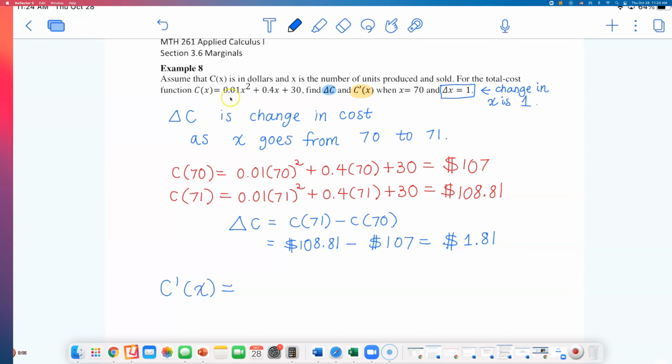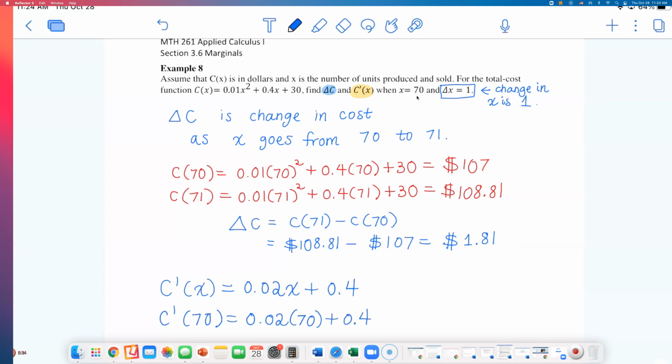So that will be 0.02x plus 0.4. And they did mention that x is equal to 70, so I'm just going to plug in 70. C prime of 70 is 0.02 times 70 plus 0.4.